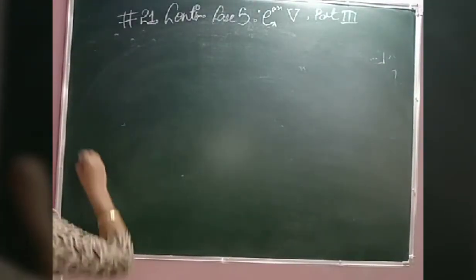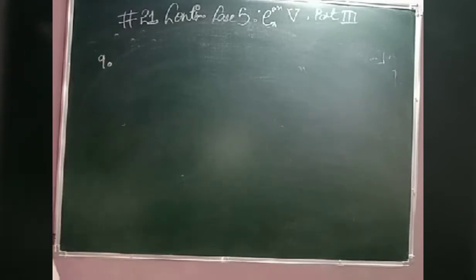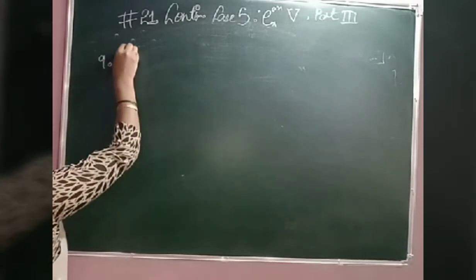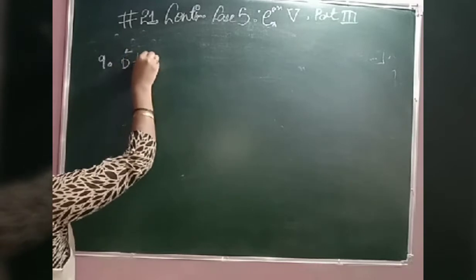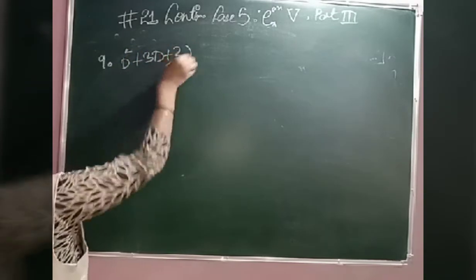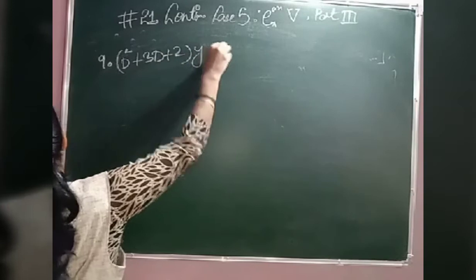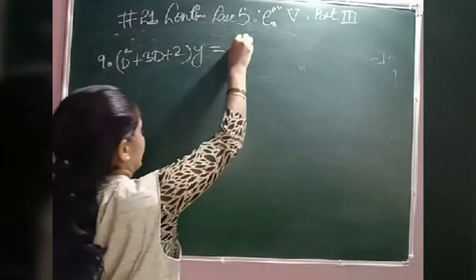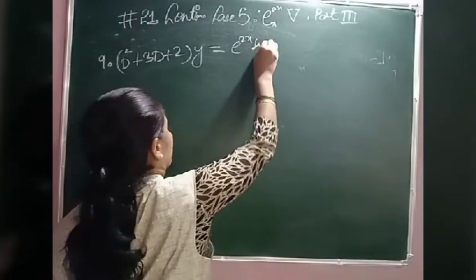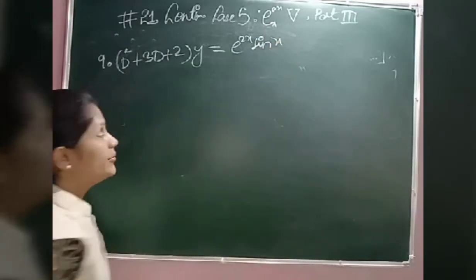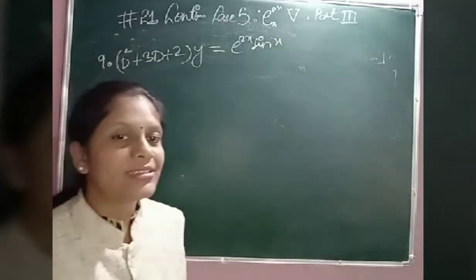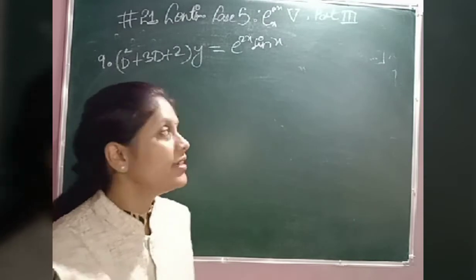So the 9th question has been asked: solve (D squared plus 3D plus 2) of y equal to e raised to 2x sin x. Right? So again, as soon as we see e raised to x into v form, first CF.